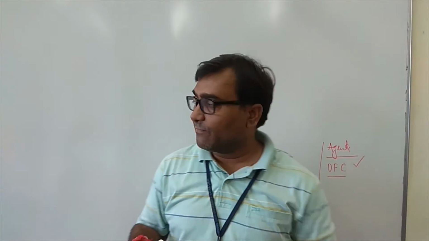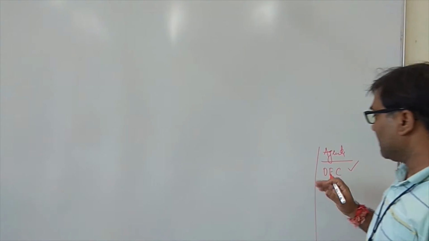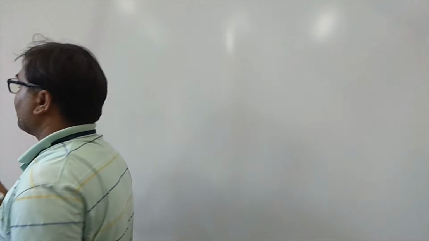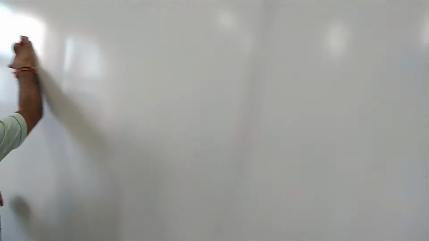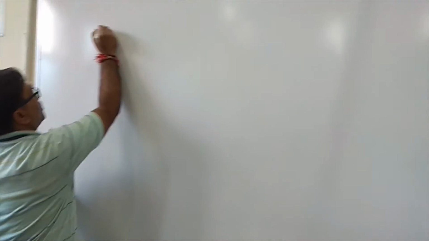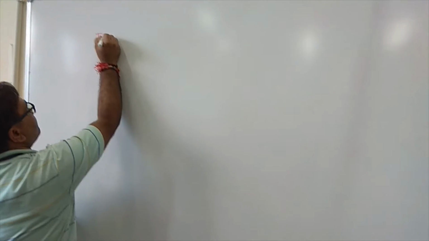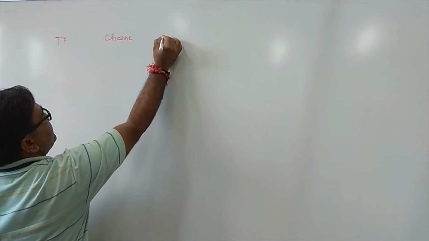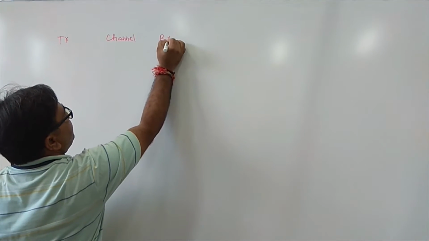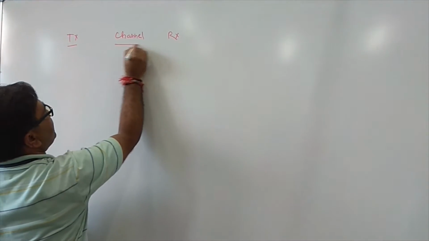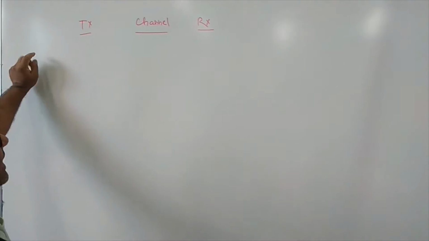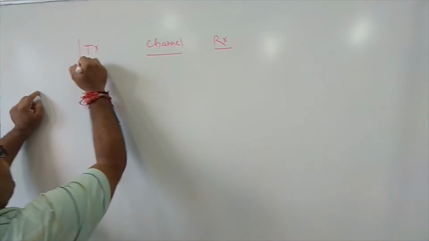First, in the last class I gave the concept about the optical fiber communication system: transmitter, channel and receiver. In all communication systems, analog, digital, and any other, these are the basic three building blocks.